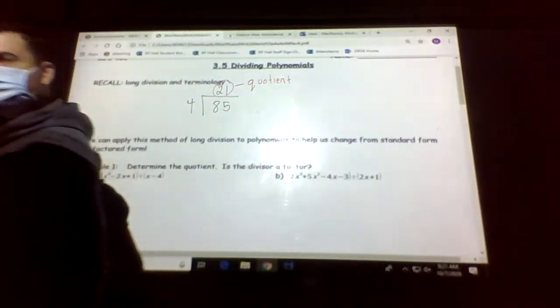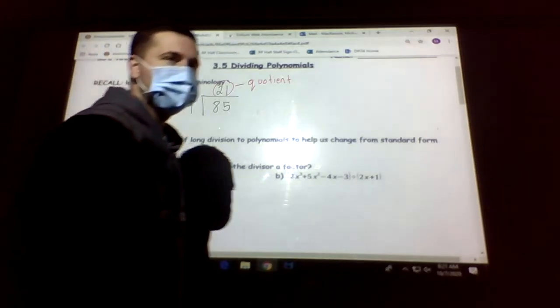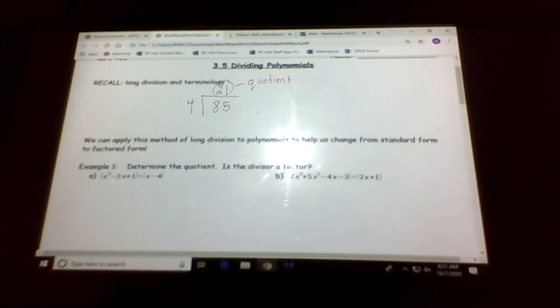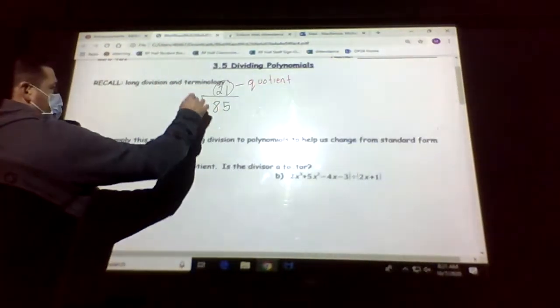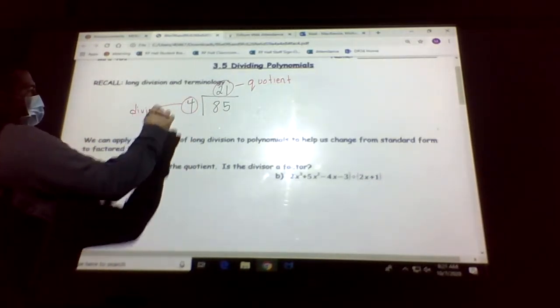Last 2. They both start with D's. Maya? Is one the divisor? Divisor, good. So 4 is the divisor.